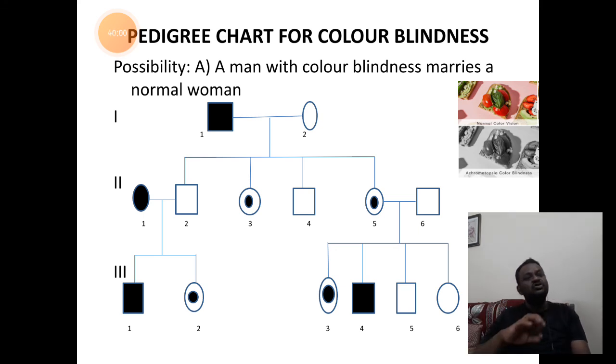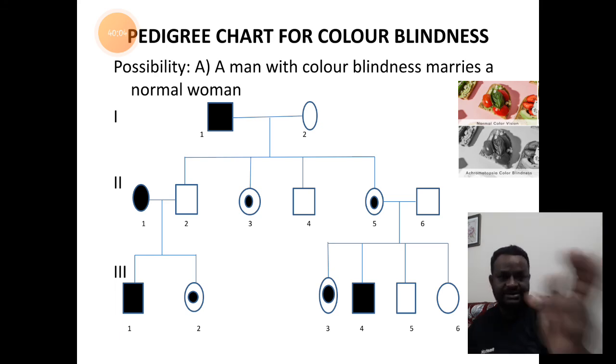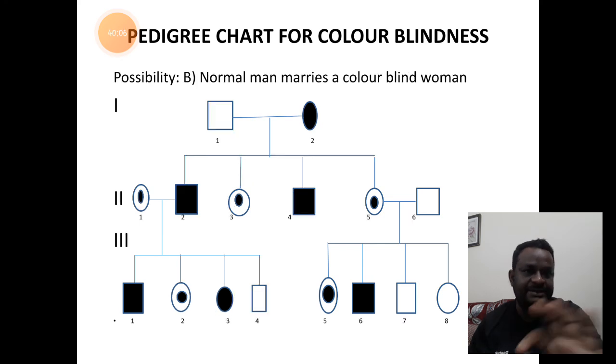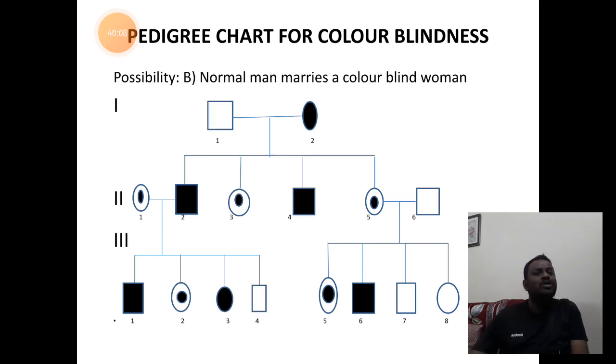Okay, so this is very specific for X-linked recessive inheritance. A good example is color blindness. Now, possibility number 2. Vice versa. Now, a normal man is getting married to a colorblind woman.